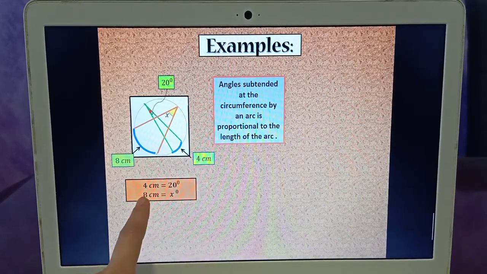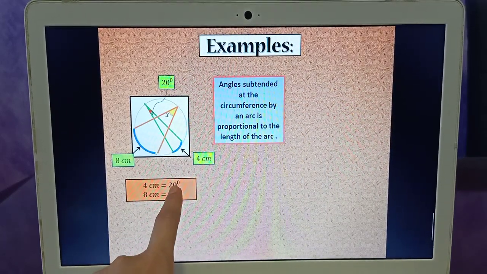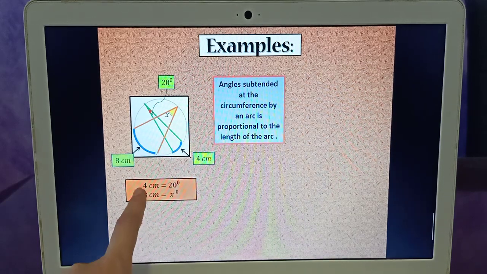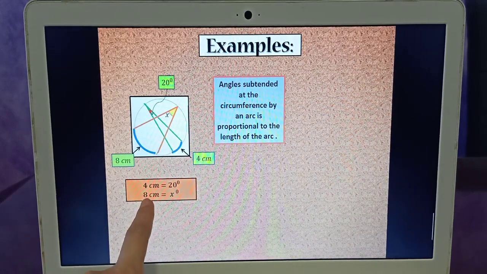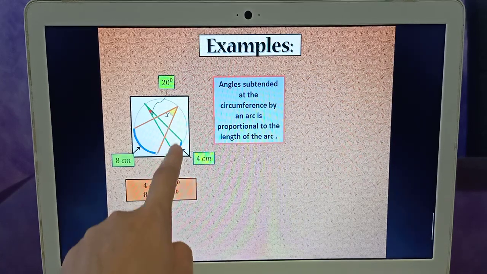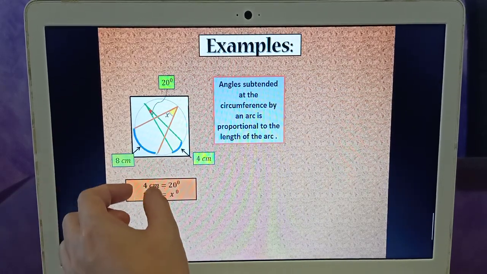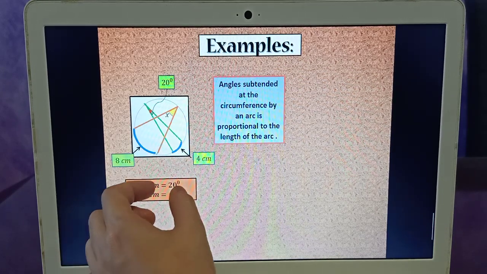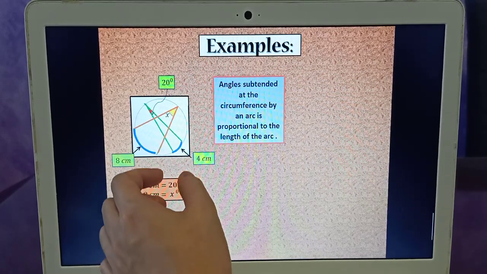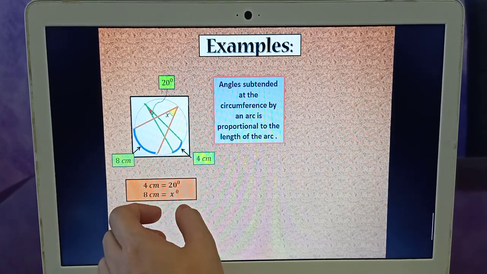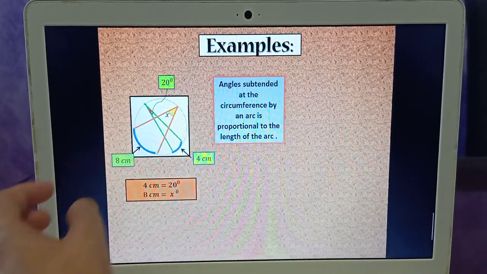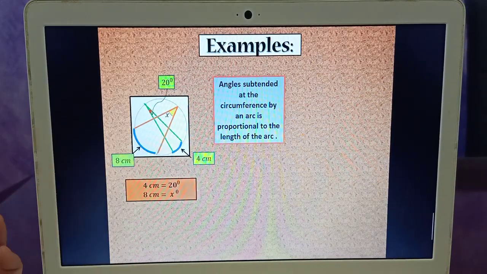So it means that 4 cm is equal to 20 degrees. So how about the arc length of 8 cm? What is the angle here? You see, this block is for the length of the arc, and this block is for the angles subtended at the circumference. So you need to arrange it accordingly before you do the calculation.